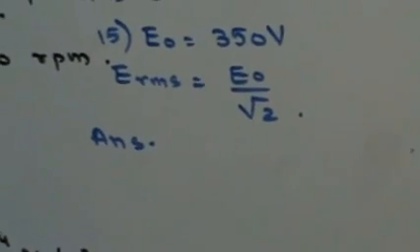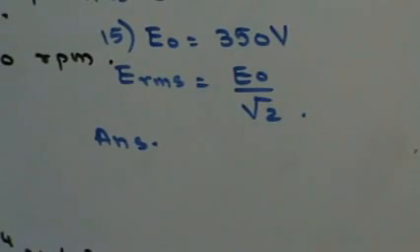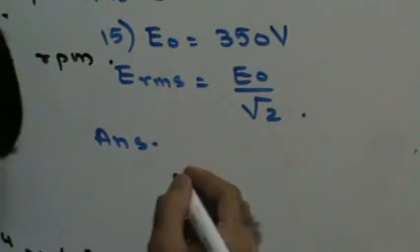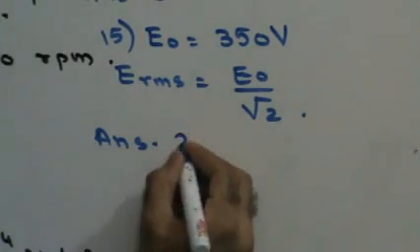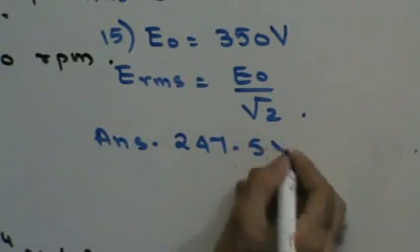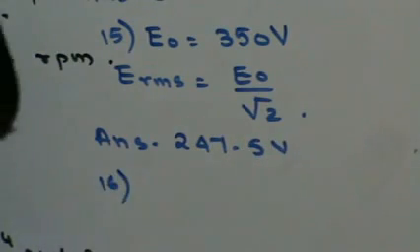Again, very simple. ERMS is E0 upon root 2. Right? The answer for this sum should be 247.5 volts. Next, take down next one please.